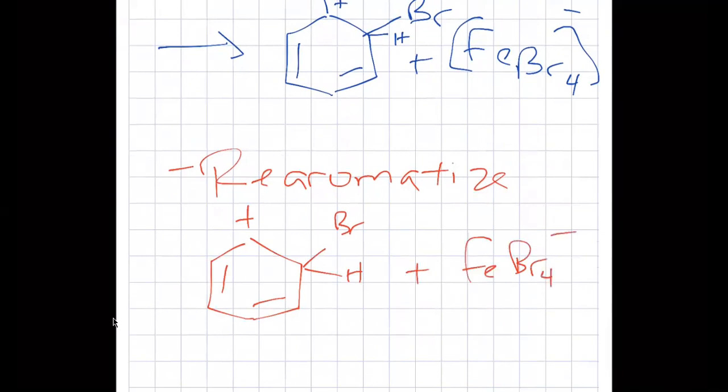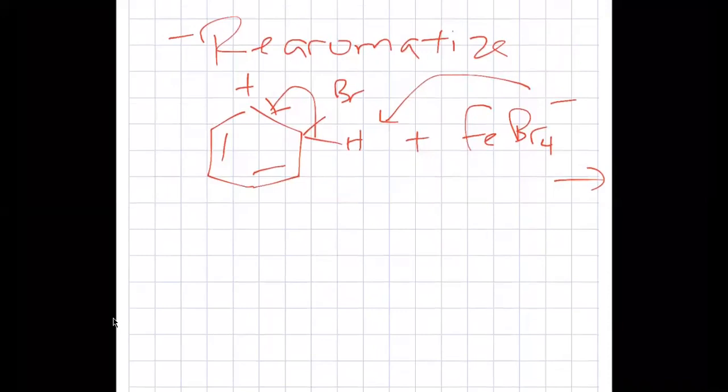And this is negative. And so the iron bromide ends up doing your elimination. Right, and that step is crucial. You have to reestablish that aromaticity.